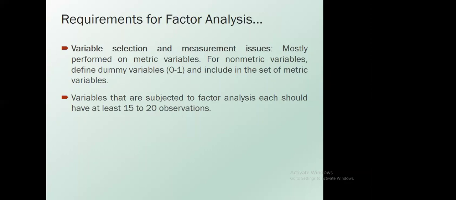But still, whenever you perform any multivariate technique, be it regression also, that's a very basic thing. For any multivariate, at least you should keep in your mind that your observations should at least be 10 times and if possible 15 times the number of variables that you are planning to have. Clear?